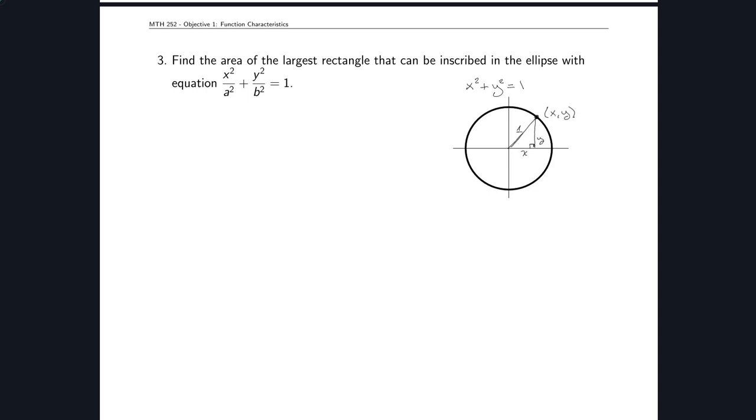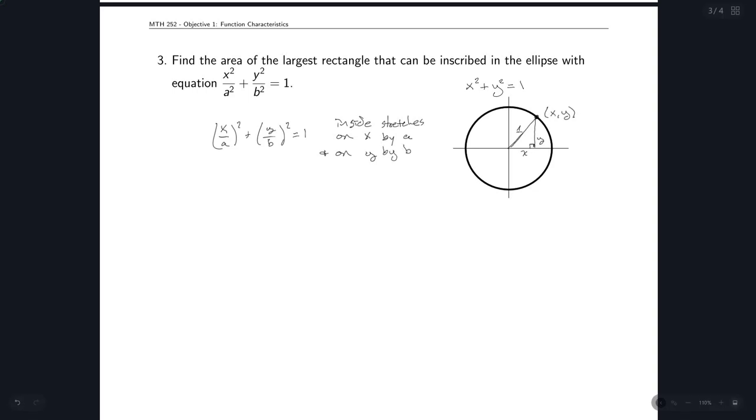Now, if I take the ellipse equation and rewrite this as x over a, squared, plus y over b, squared, equals 1, this is inside stretches on x and y, or let's say on x by a and on y by b.